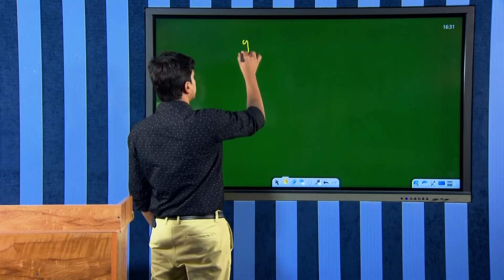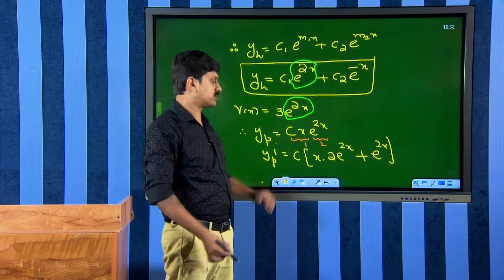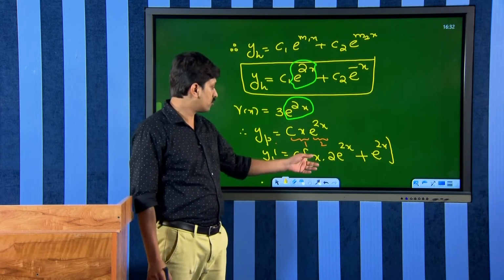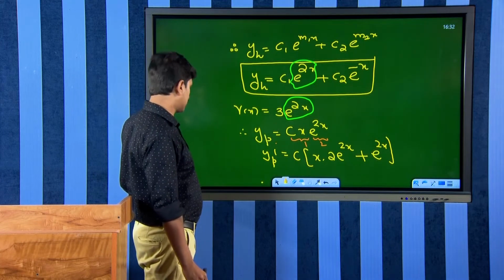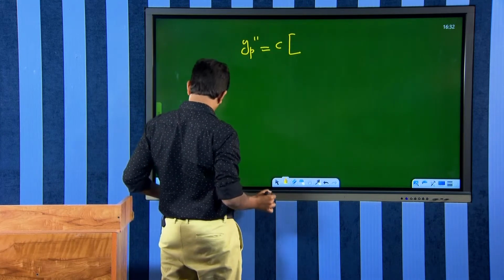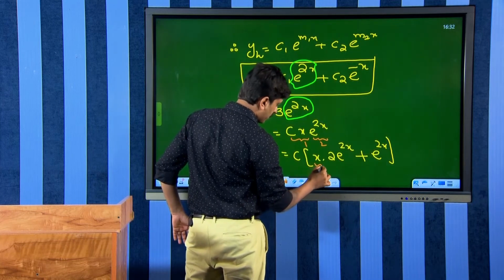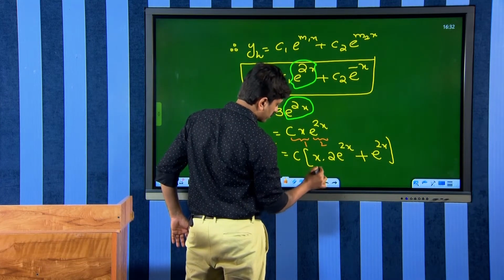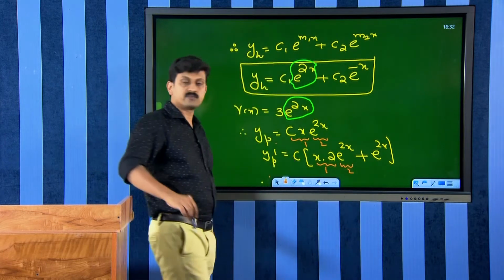Yp double dash is equal to c into 2x, with c outside. Here 2x is the first function, e raised to 2x is the second function.